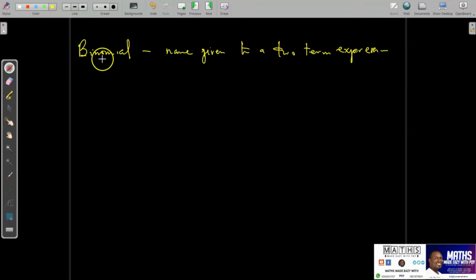Now, when we consider what we say, binomial is simply a word, a name given to a two-term expression. That is what binomial refers to.